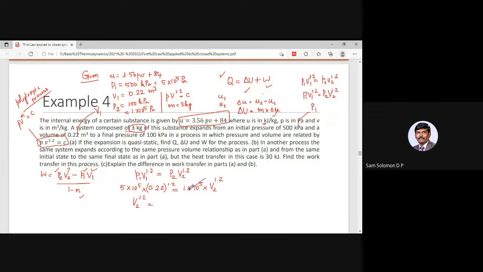You can cancel out this 10 to the power 5 on both sides, and you will have 5 into 0.22 to the power 1.2. That gives you this value, and what I require is V2, which is this guy.